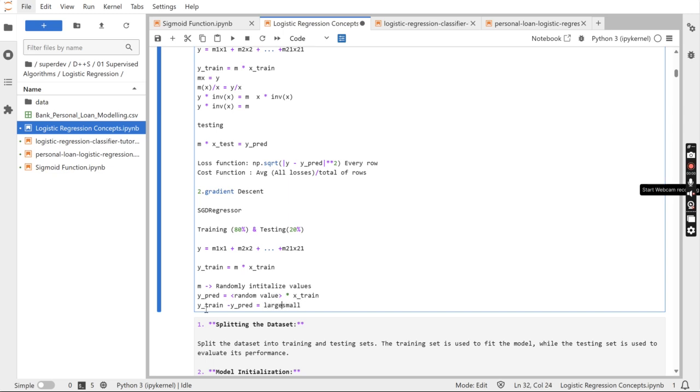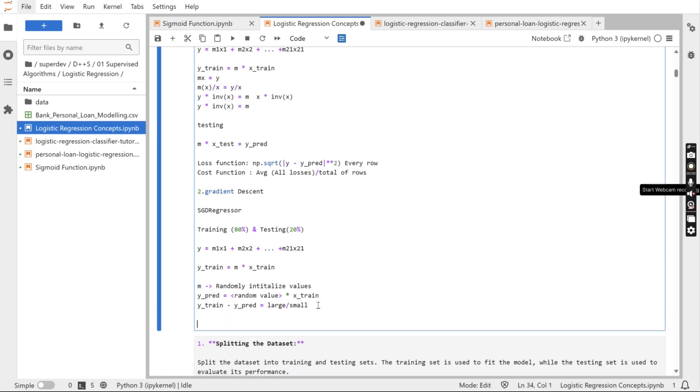You will keep on modifying this m value, decreasing it, and keep on getting this value up until, and this is the interesting thing, you start noticing that the difference is no longer changing.